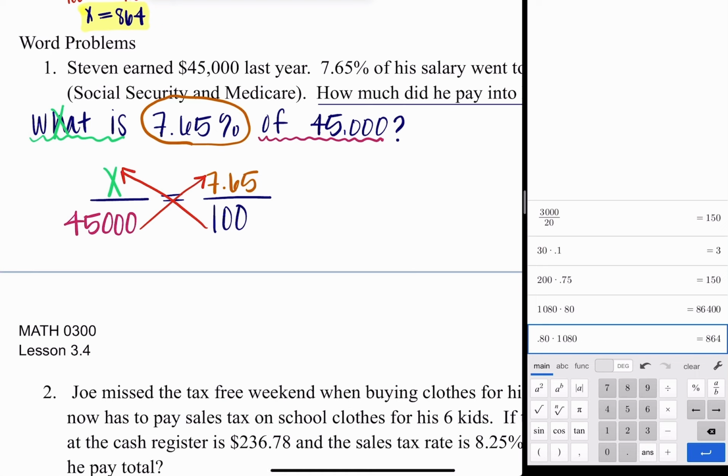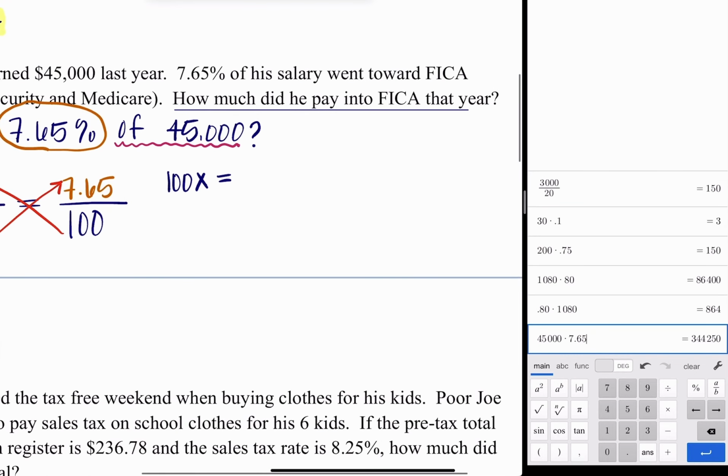When I do, I end up with 100x is equal to 45,000 times 7.65. So 100x is equal to 344,250.